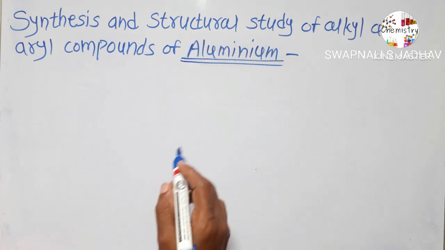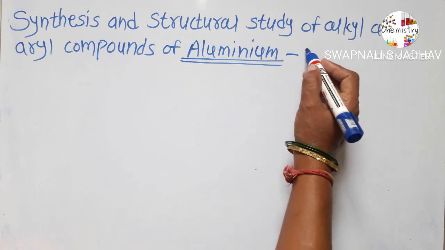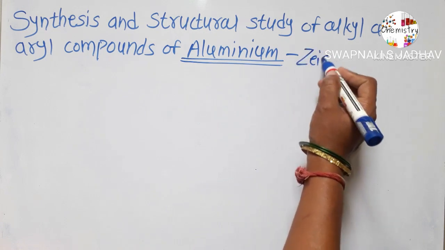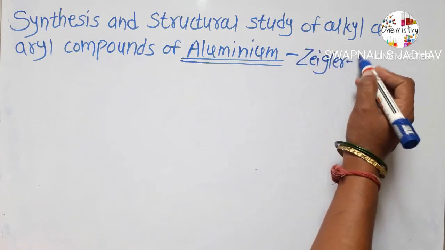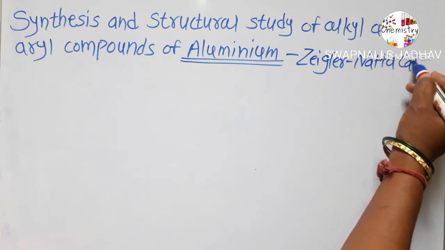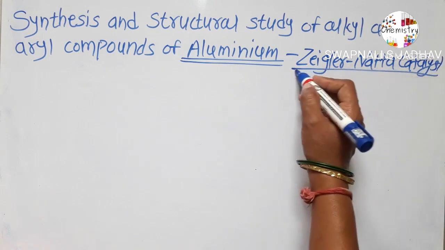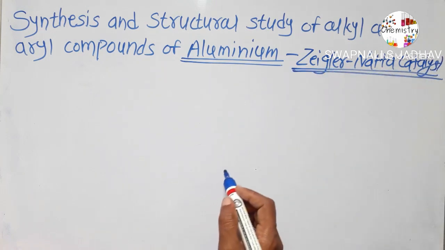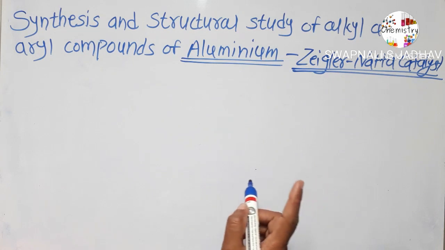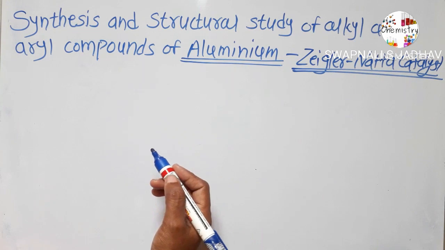Last we saw beryllium, now we see aluminium. Organometallic compounds of aluminium are known as Ziegler-Natta catalyst, which are used for the polymerization of alkenes. Remember that.